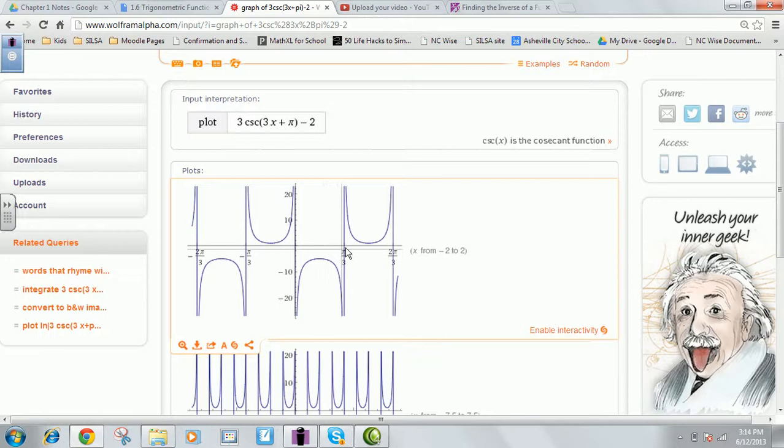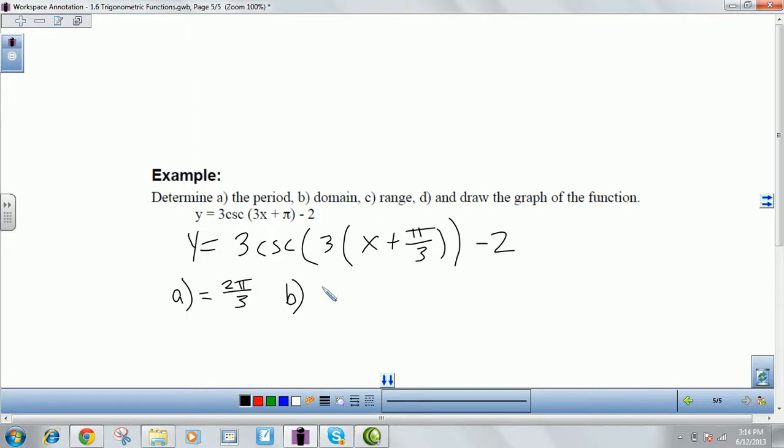That's your period, from 0 to 2 pi over 3. So pi over 3 is halfway between, and that's where it's cut in half. So x cannot be 0, pi over 3, 2 pi over 3, or any pi over 3 times any constant. You define the domain by what x cannot be: x cannot be 0, and any plus or minus k pi over 3.